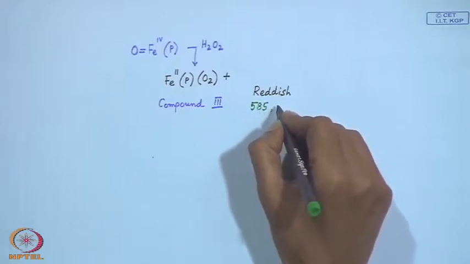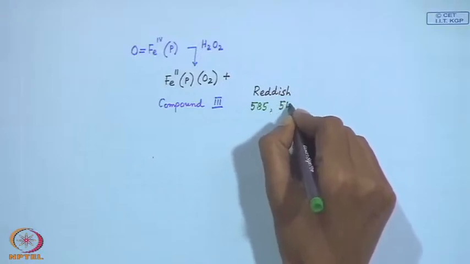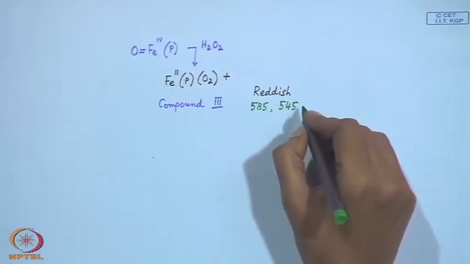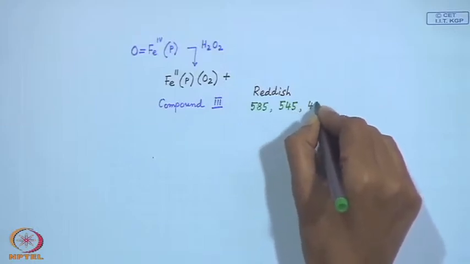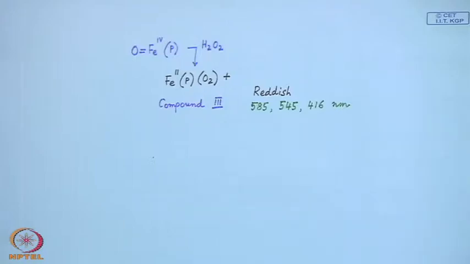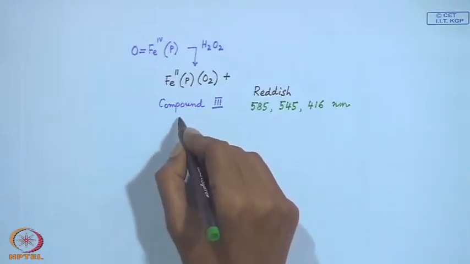then 536 to 545 nanometer, and the last one from 429 to 416 nanometer. So, all the 3 bands in the visible spectrum are changing and the color is changing from red to a reddish form, and that reddish form is responsible for compound 3.